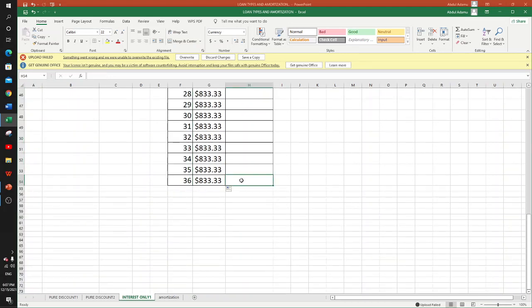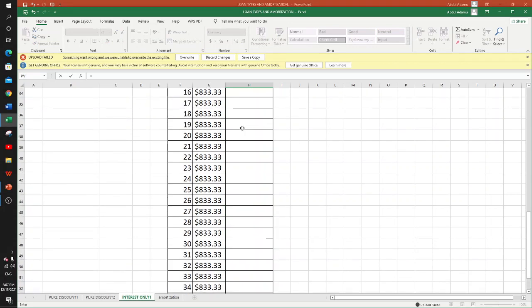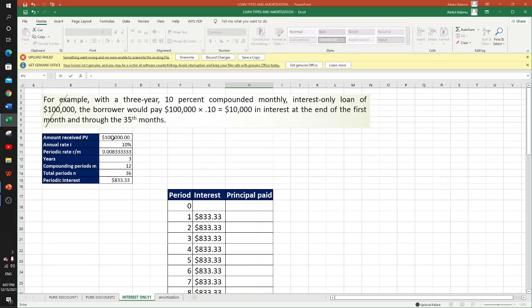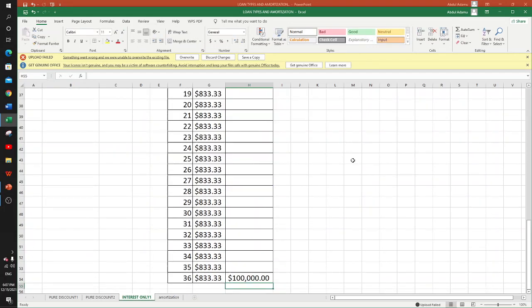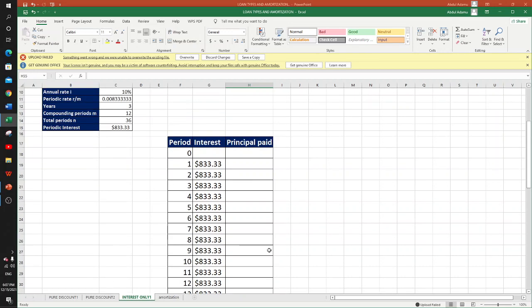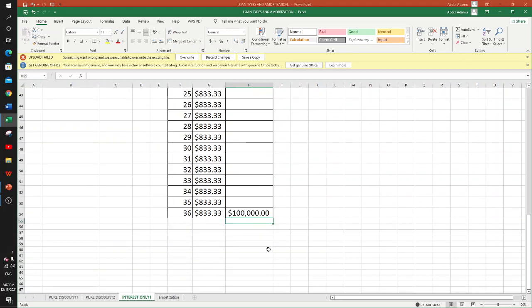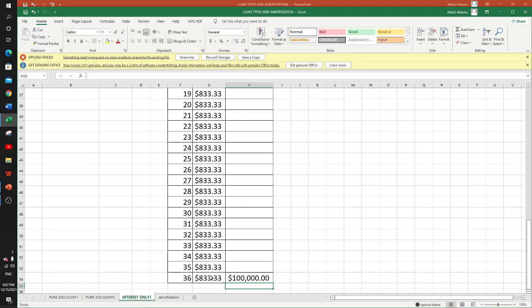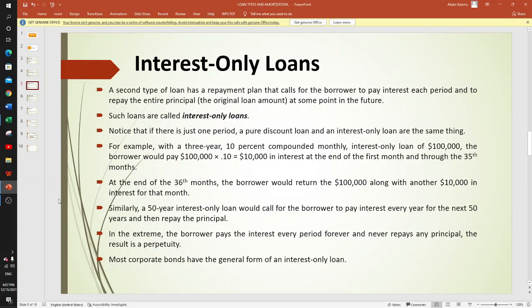Then at the end, we are going to repay the principal. So this equals to this. So for interest only loan, this is how the payment will look like. On the 36th month, we'll pay this and the 100,000 that we have borrowed. So that is how we do interest only loan.